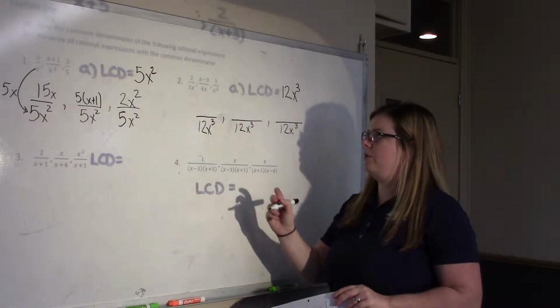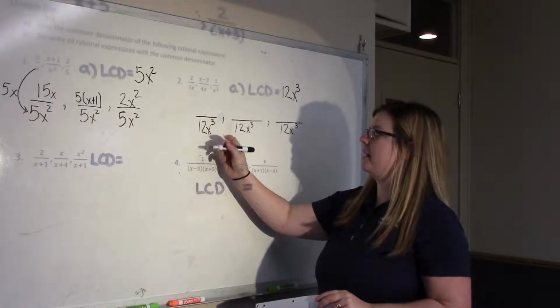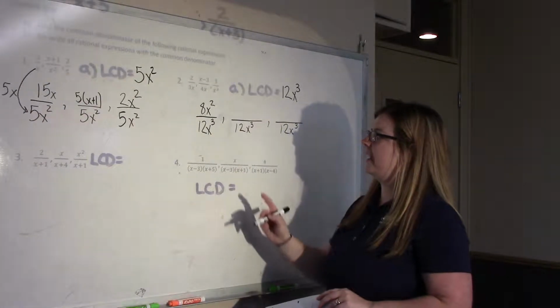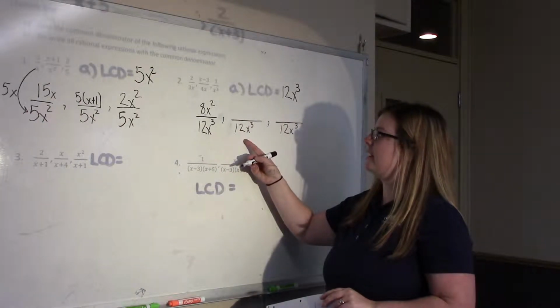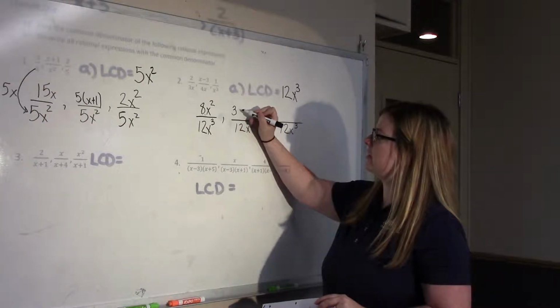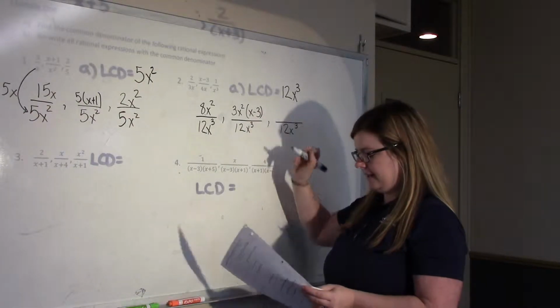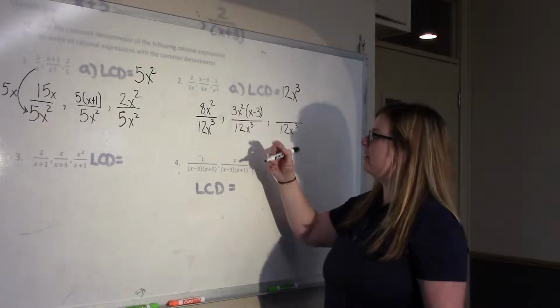So this was multiplied by 4x squared, so we multiply the top by 4x squared. From here to here was multiplied by 3x squared, so we multiply the top by 3x squared times x minus 3. It's crucial, again, that you use brackets here.